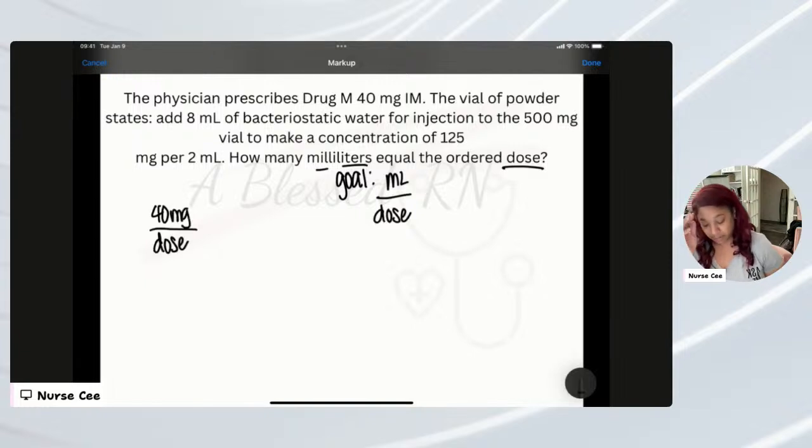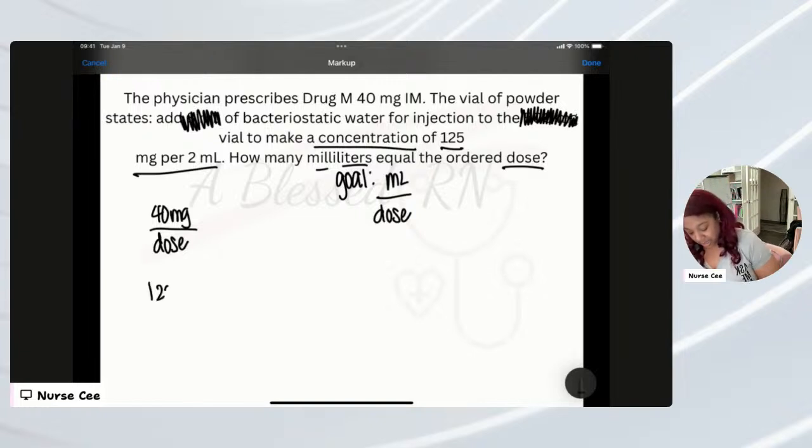All right, so we need to figure out what to weed out. What is the concentration of the medicine after you reconstituted it? It says the concentration is that. So this is fluff. That is also fluff. We only need the concentration of the medicine.